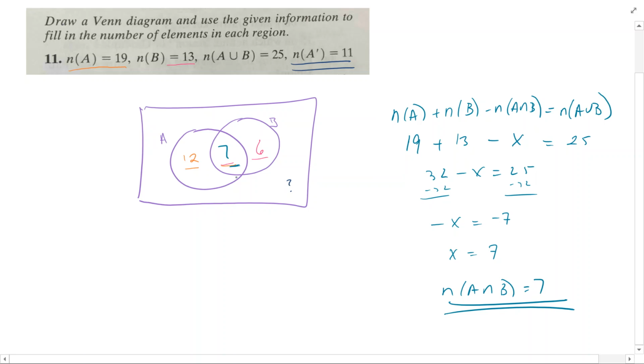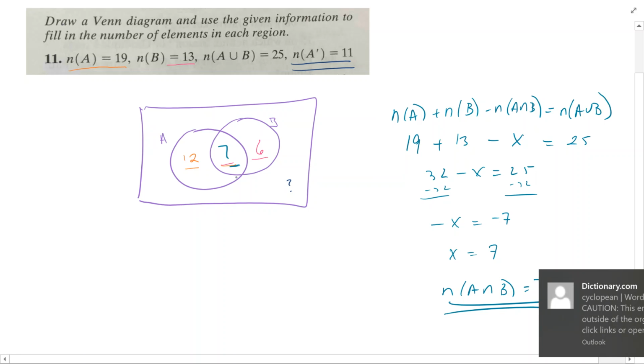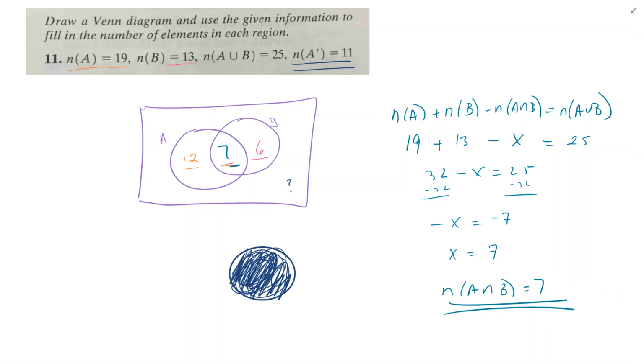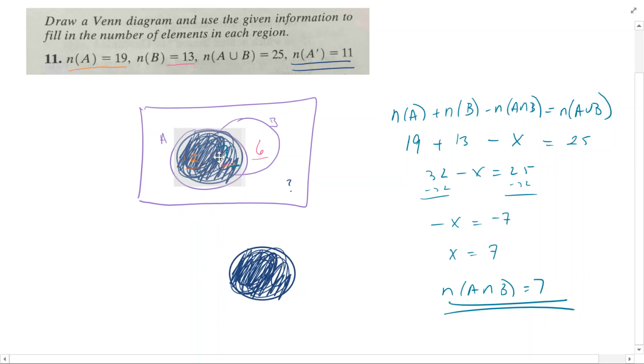Now I can't exactly do this here with my finger, but if you cover up everything that's in the set A, so everything that's not in A, what's left? I have the 6, and then I have that part that's outside of the circles. That has to total 11.